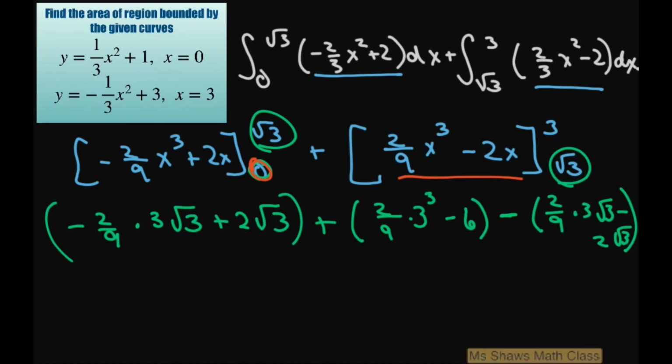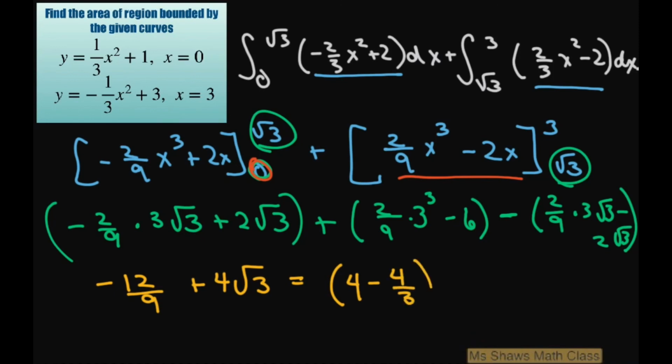All right. Now let's add all this up. When you simplify, basically what you're going to get is negative 12/9 plus 4 square root of 3. I can factor out a 4, minus 4/3, and write square root of 3.